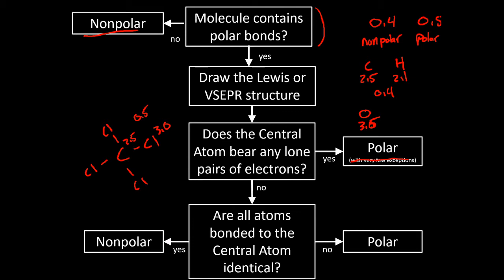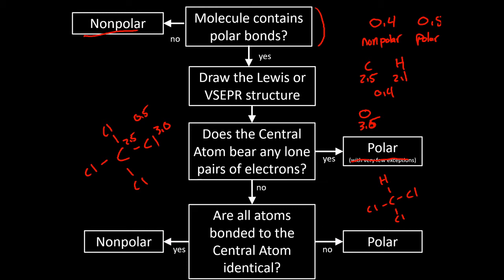And so you end up with a molecule that has polar bonds, but the molecule itself is nonpolar. If not everything attached to the central atom is the same, so if, for example, instead of having 4 chlorines, we had 3 chlorines and a hydrogen, now it's polar. Because no longer are you pulling on all the electrons equally.